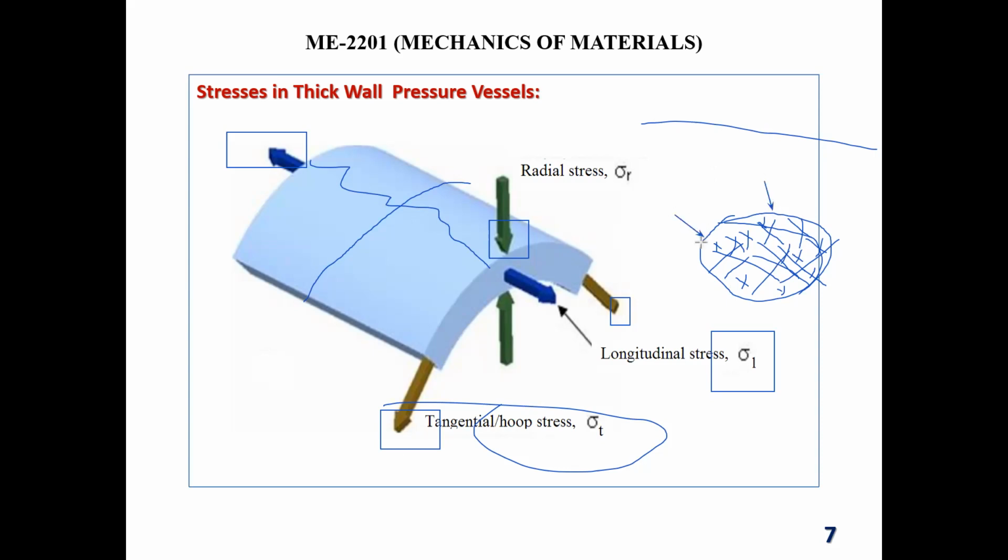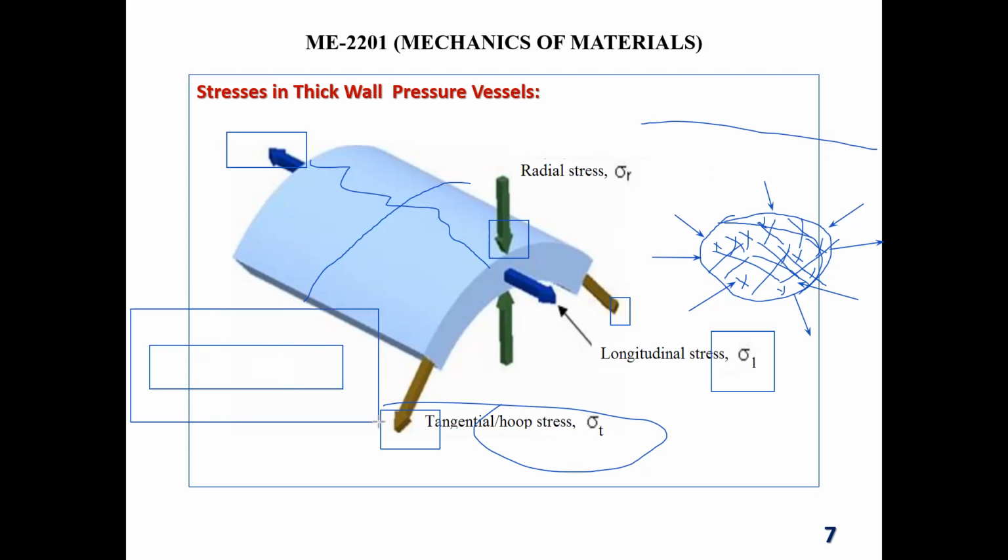Outside pressure will be like the pressure of the fluid. Depth depends on how much depth is in the sea, because P equals H rho G. Similarly, in some chemical industry, say you have a cylindrical tube. Outside there is one tube.